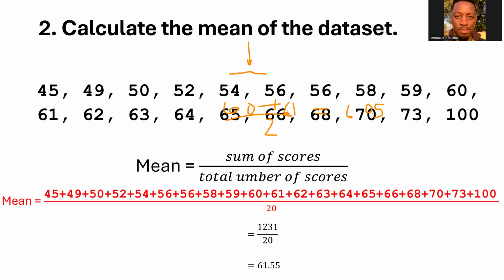And then now we're going to have Q3 plus 1.5 times IQR. And also this is a formula. So we know that Q3 in this case is equal to 65.5. And then we add 1.5 multiplied by 10.5.